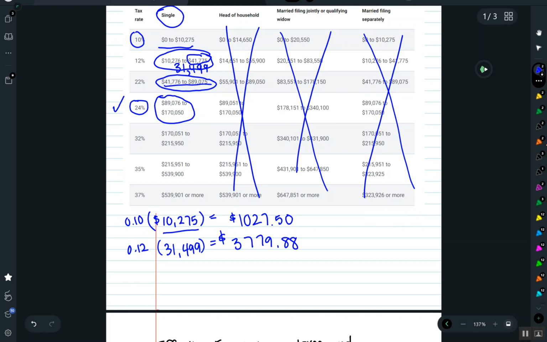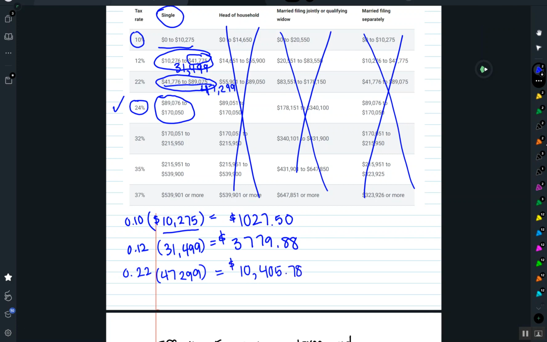So let's do a little subtraction. 89,075 minus 41,776. So there's $47,299 in that bracket. Let me write that here. You're going to tax that amount 22%. Write that down.